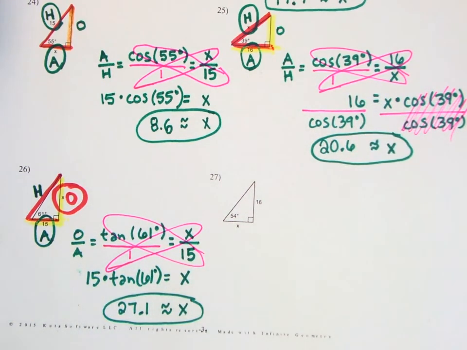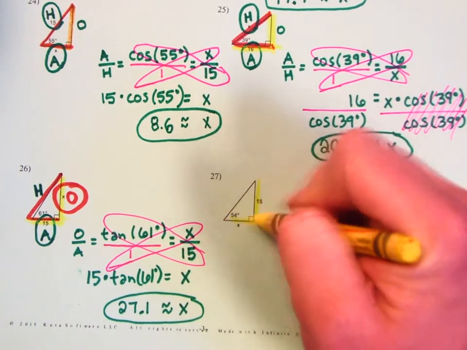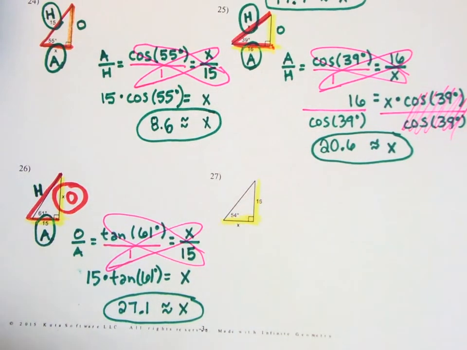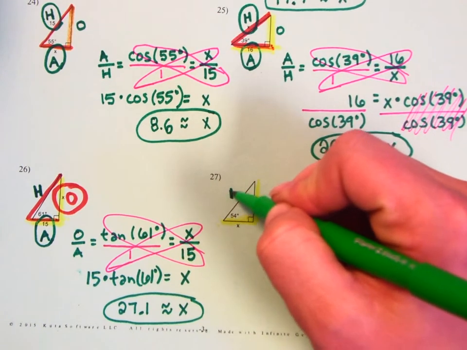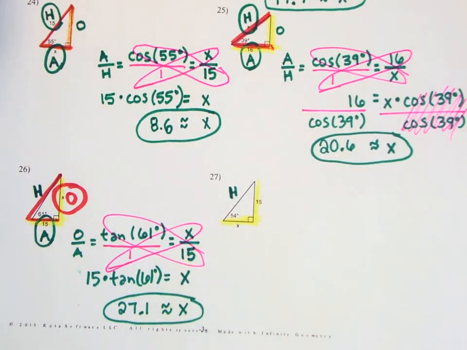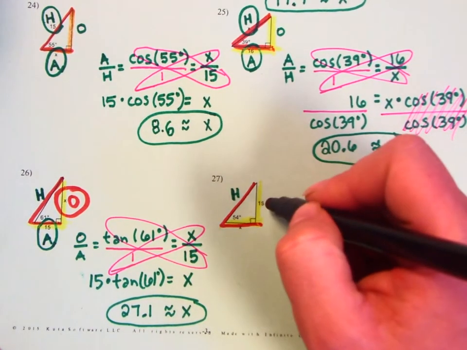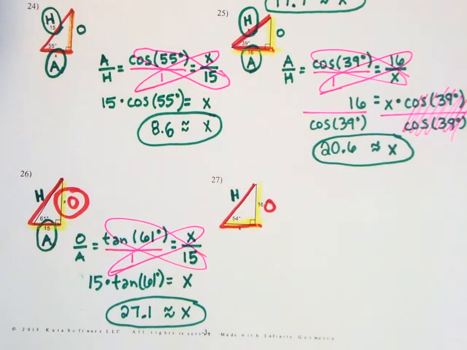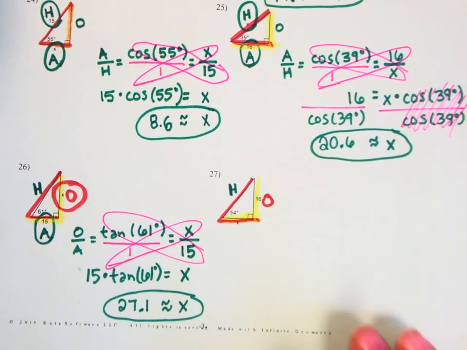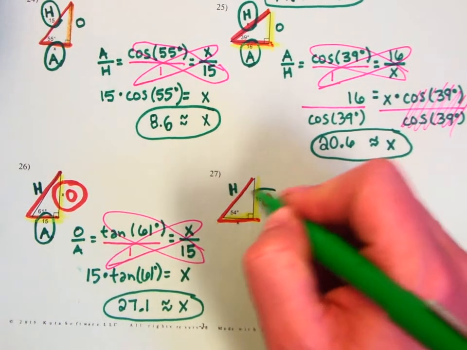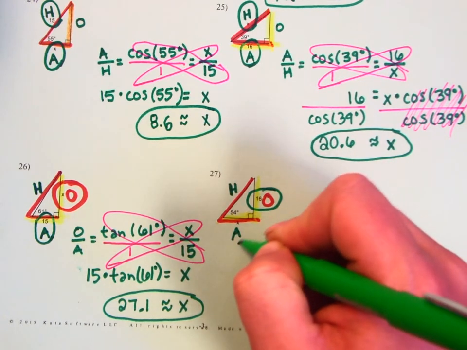Okay, on problem 27, when I highlight the two sides of the right angle, I find that my hypotenuse is blank. When I highlight the two sides of the angle in question, it tells me that my opposite is 16, which means my adjacent is x.